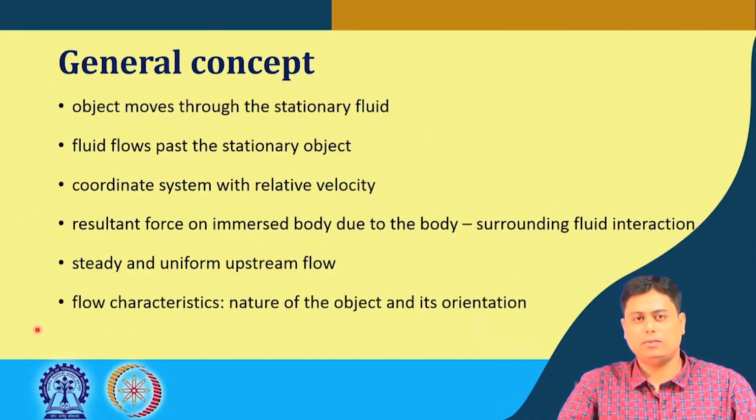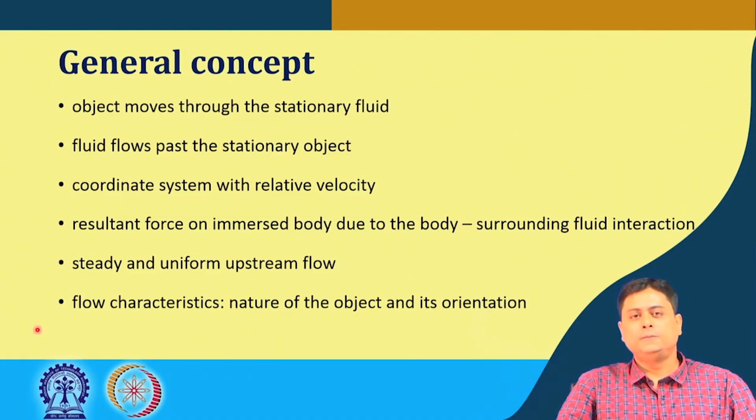So, let us say there is a flat plate, we have seen this example, and a wind stream is flowing over that flat plate. In both cases the objective is to understand the drag that acts on the plate or the object, how the fluid behaves around that object, and the specific interest is to calculate the drag force.